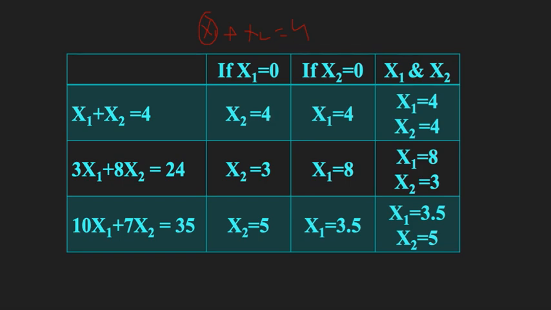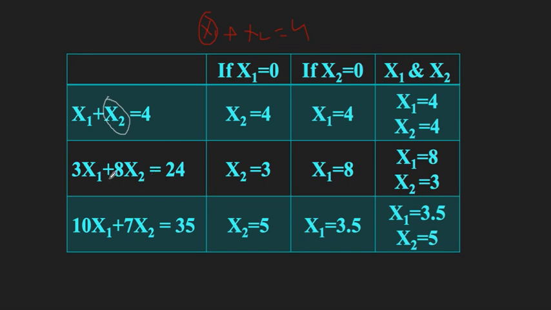Then x2 will be how much? It's very clear, it will be 4. Now in the same equation if we put x2 is equal to 0, then x1 will be how much? x1 will be 4, right? And in this column we are going to write the values of x1 and x2. We have x1 as 4 and x2 as well 4.